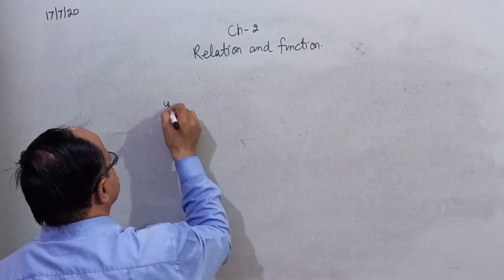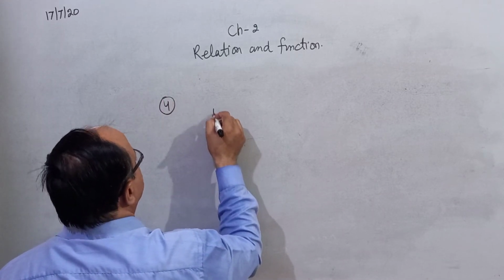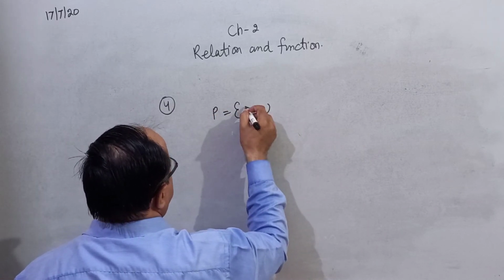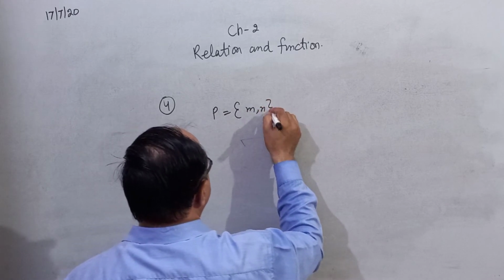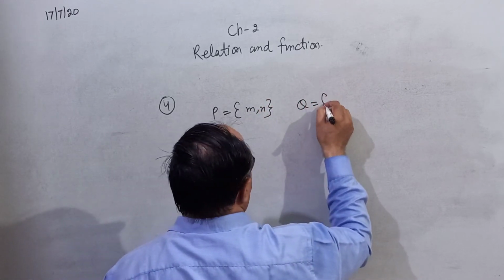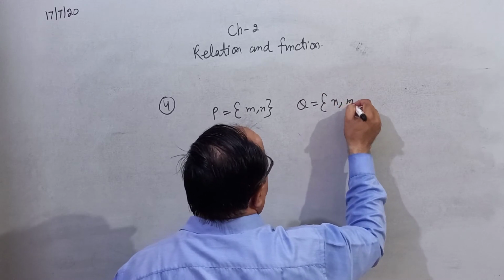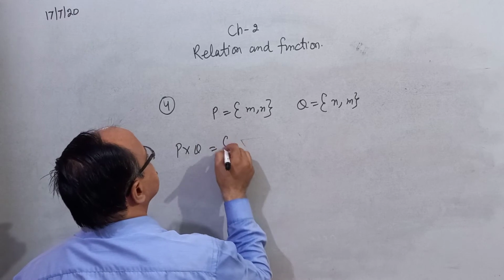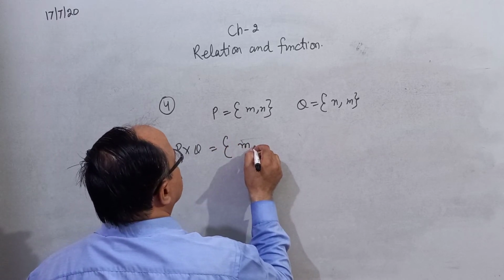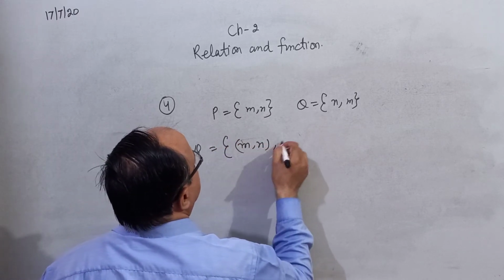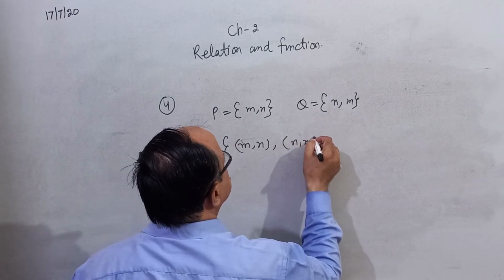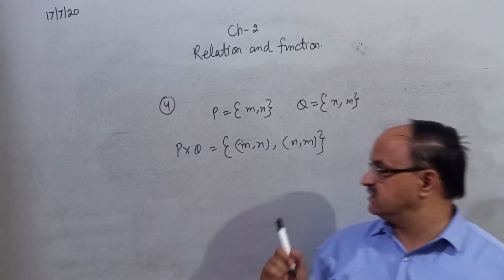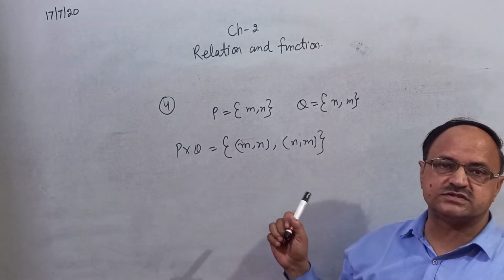Next question, fourth. If P is a set containing elements M, N and Q is a set containing elements N, M, then P cross Q is M, N and N, M. Now tell me whether it is true or false.